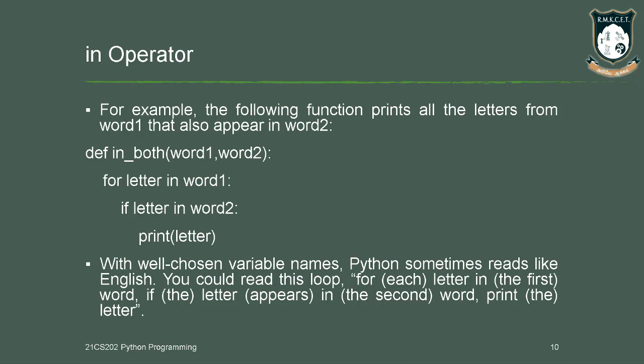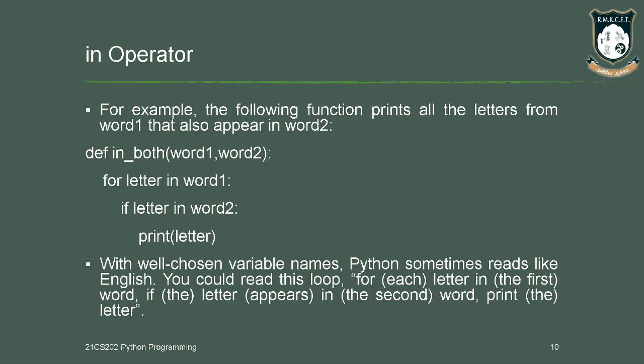For letter in word1, each and every character from word1 will be taken for processing. Next, we are going to check whether the letter present in word1 is available in word2. For that we are using a condition statement: if letter in word2.